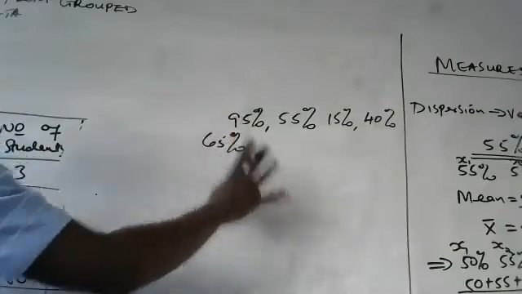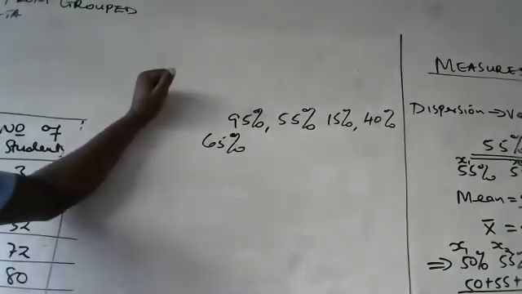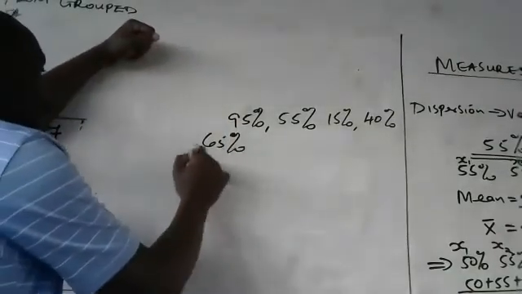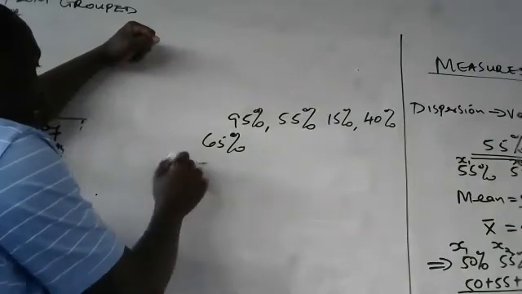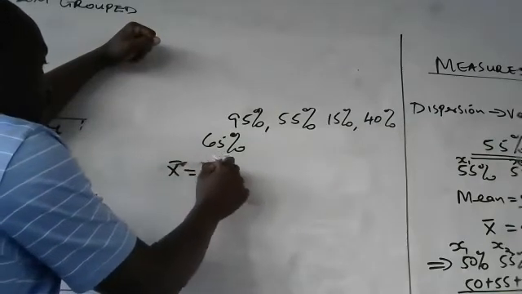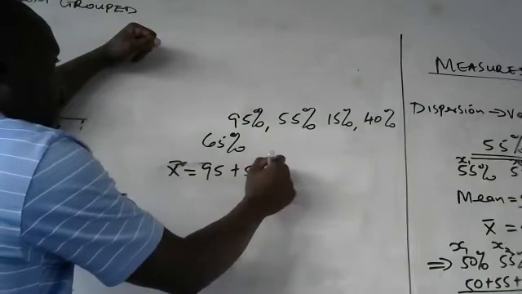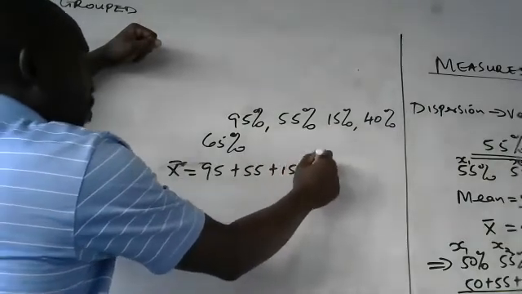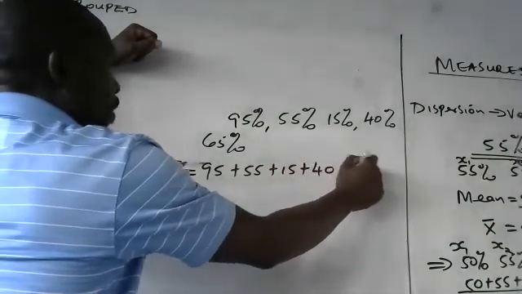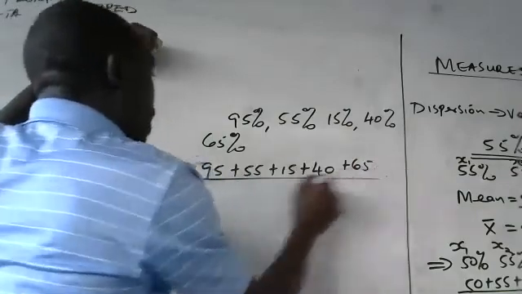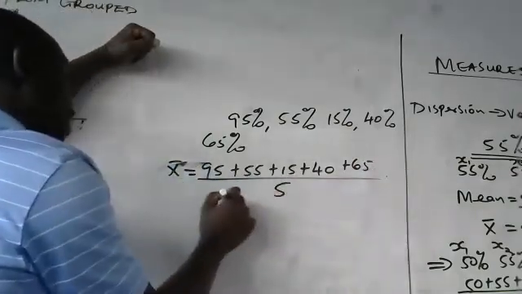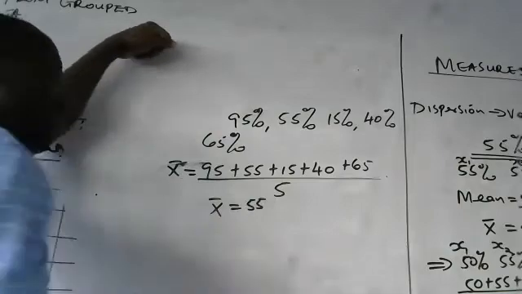If you look at this particular kind of data, and we say that the mean, which is now x bar, is given by 95 plus 55 plus 15 plus 40 plus 65 divided by 5, you still get that the x bar is 55.